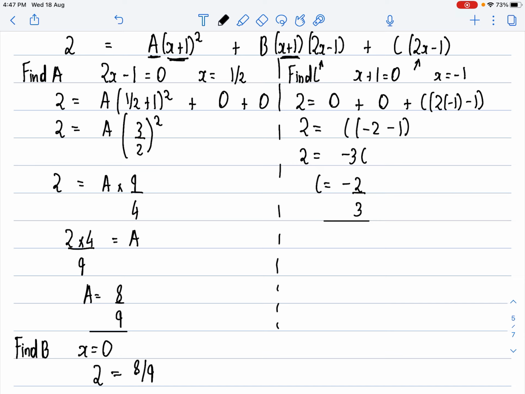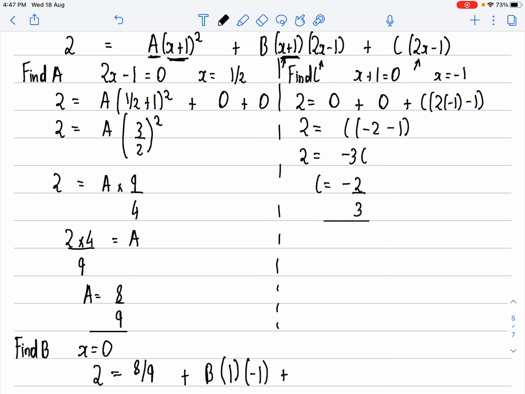You take your x here as 0, so you get 0 plus 1, which is 1. 1 square is 1, so it's basically just 8 over 9. Plus here you get b into, when I put 0 I get 1. Then when I put 2x minus 1 and take my x as 0, I only get minus 1.